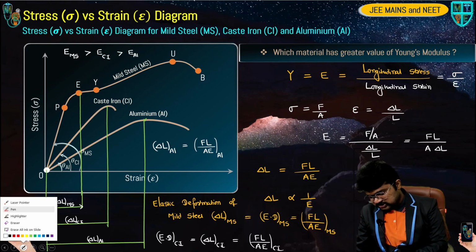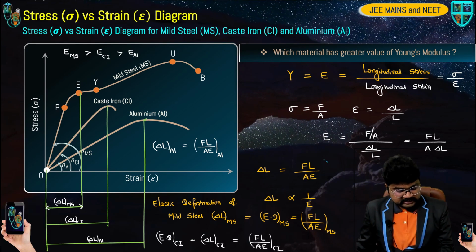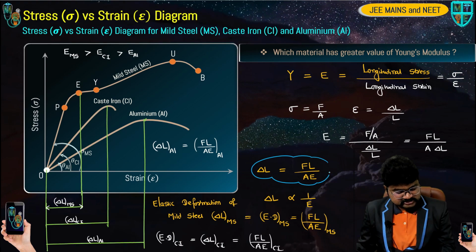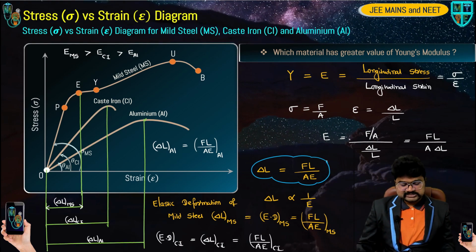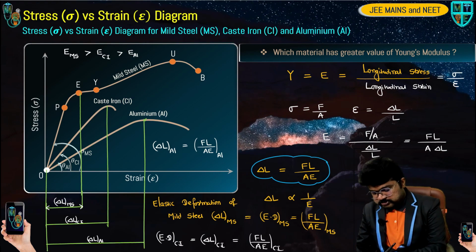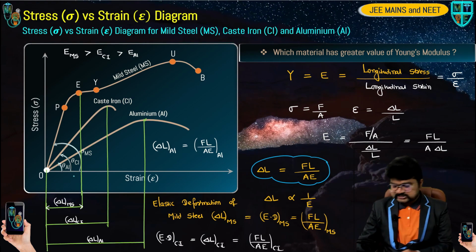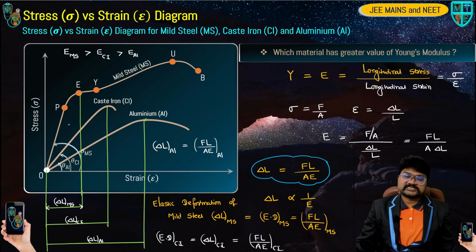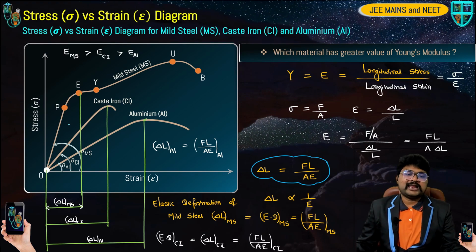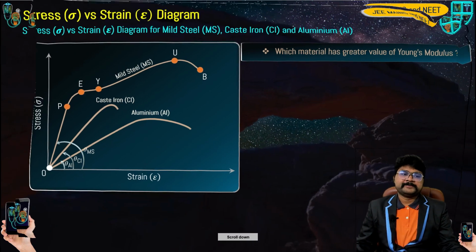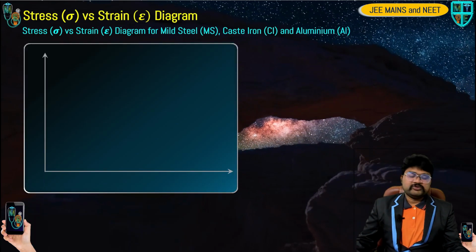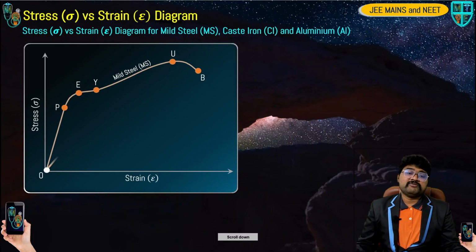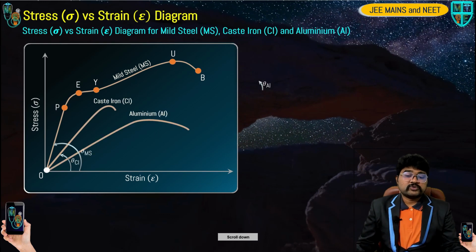So this is the use of calculating axial deformation. This is the use of Young's modulus in order to calculate axial deformation. This is up to the elastic limit. Axial deformation up to the elastic limit is called elastic deformation. From that content, we will be discussing the elastic behavior of the material. Which one is more elastic?